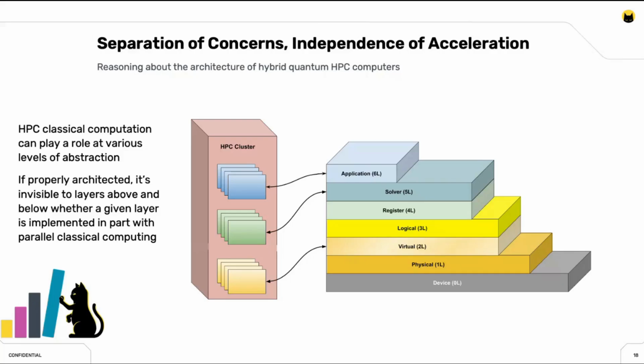In other words, if I'm using some GPUs in the cluster to do some kind of AI-enhanced decoding scheme at the virtual level, and I also happen to be invoking some GPU-based classical solver within my solver code at the application level, and if the application is also using a bunch of CPUs to do some parallel computation within the cluster, those allocations are happening at separate levels to separate logical users.